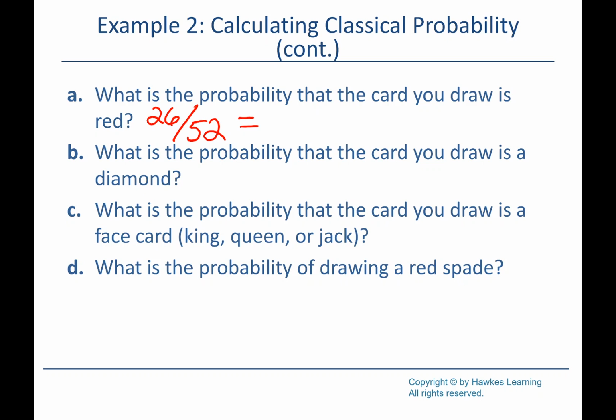In lowest terms, it's 1 out of 2. You can write it as a decimal too, it'd be 0.5. Our classical probability.